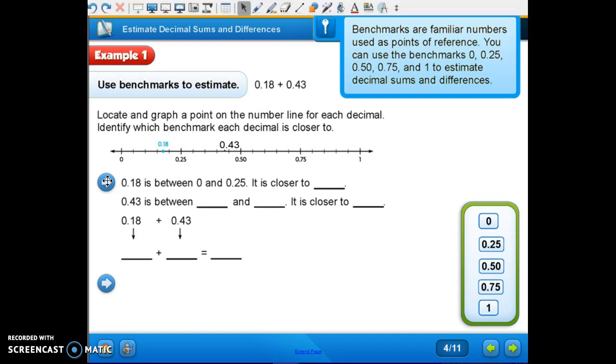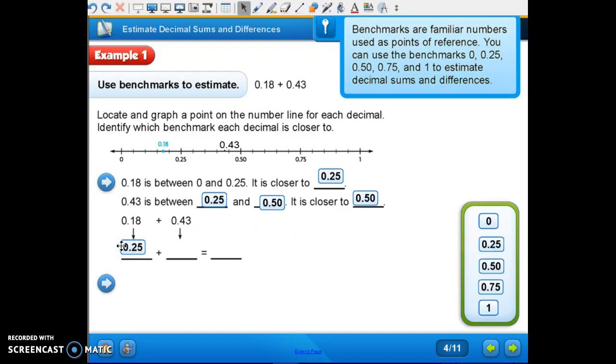It's closer to 25 hundredths, isn't it? 43 is between what? 25 hundredths and 50 hundredths. But it's closer to 50 hundredths.